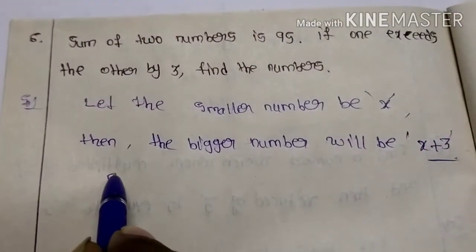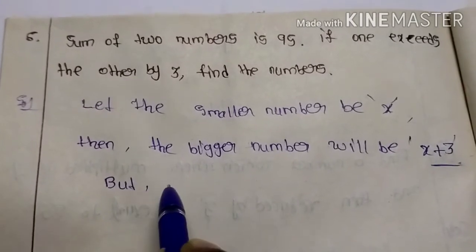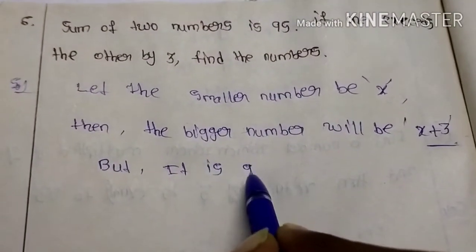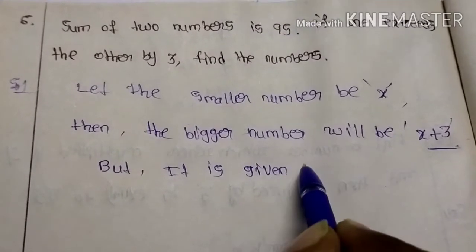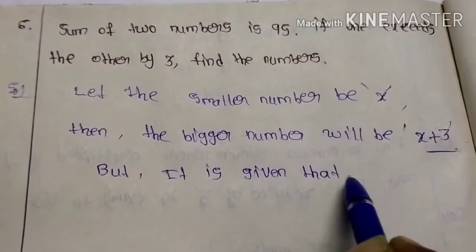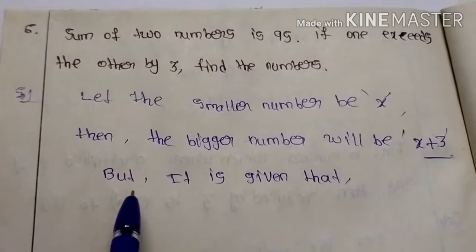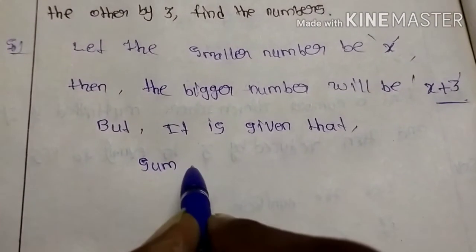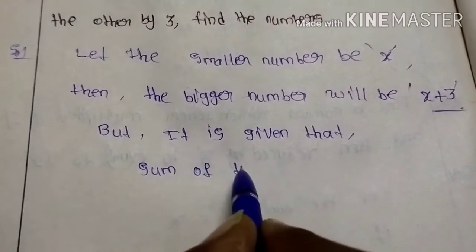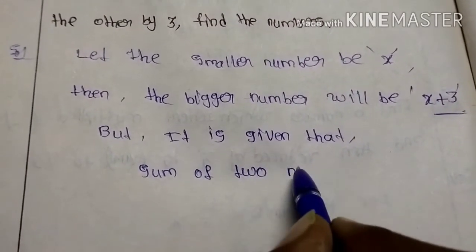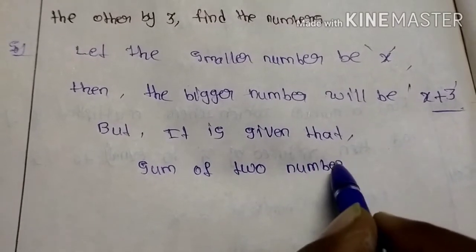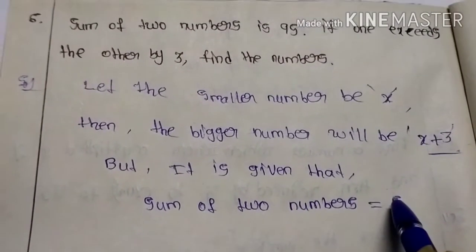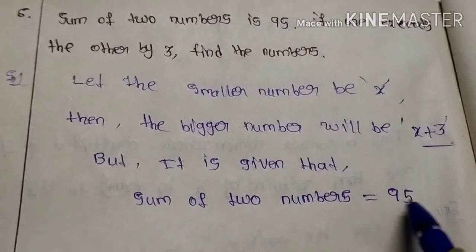But it is given that, as per the question, the sum of two numbers is how much? 95. You can write sum of two numbers is equal to how much? 95.